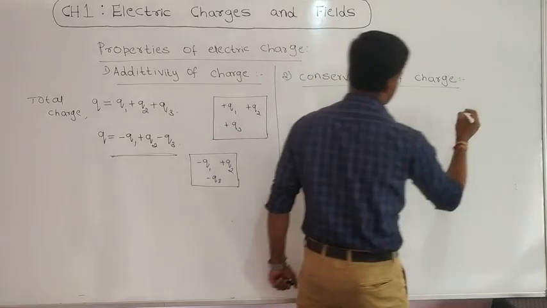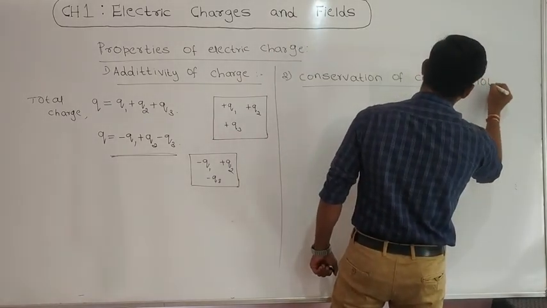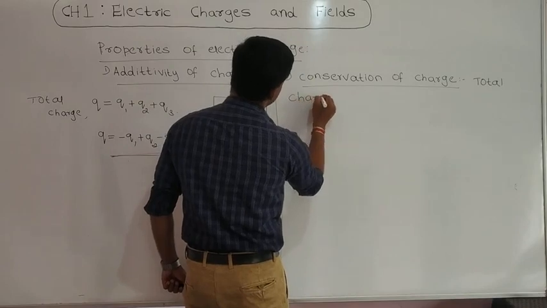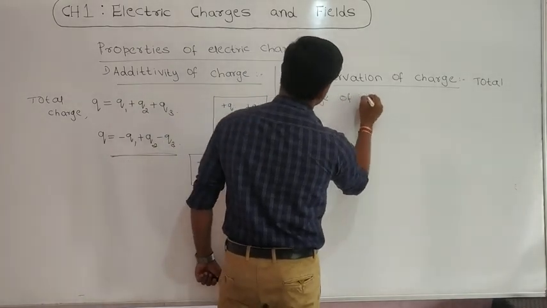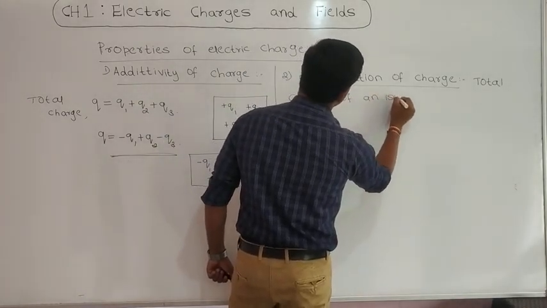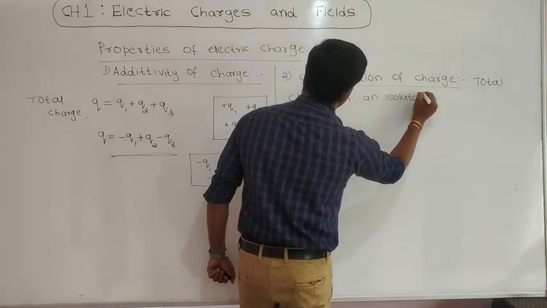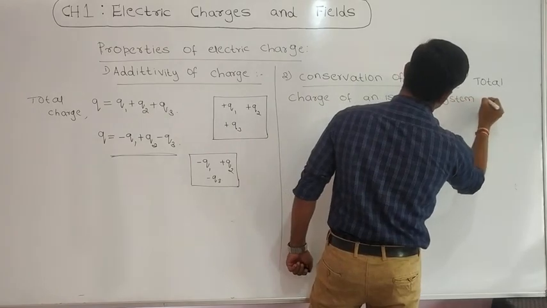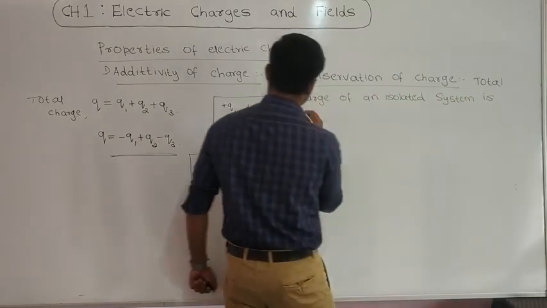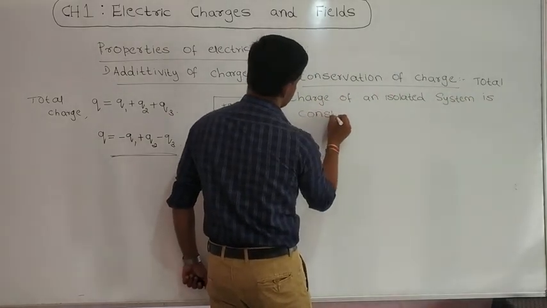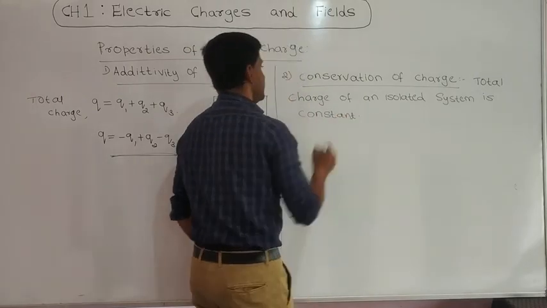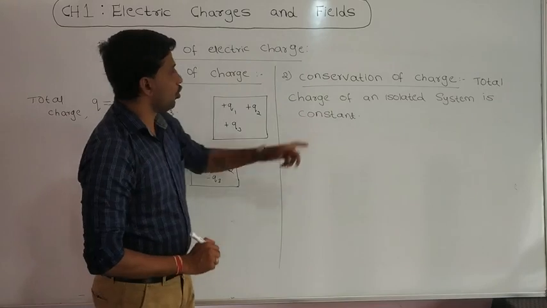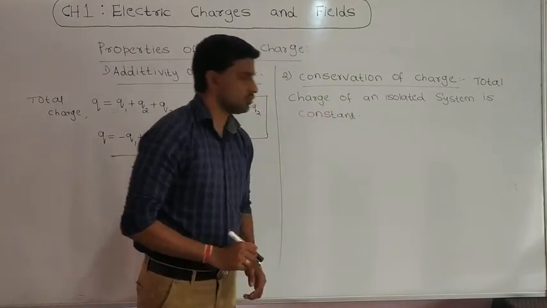Conservation of charge is nothing but the total charge of an isolated system is constant. Then it is called conservation of charge.